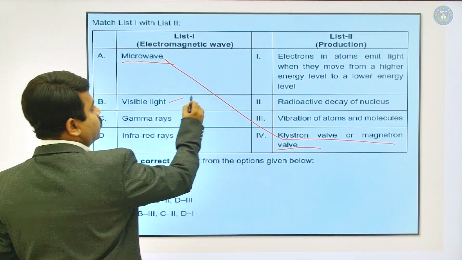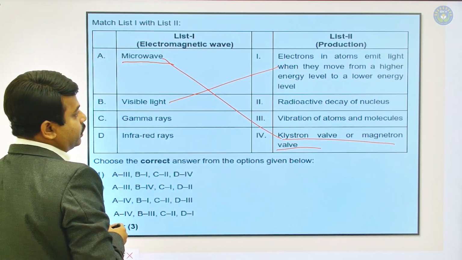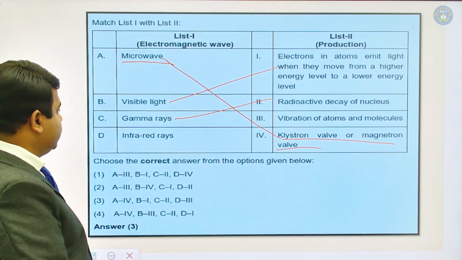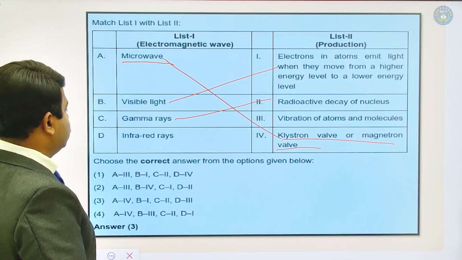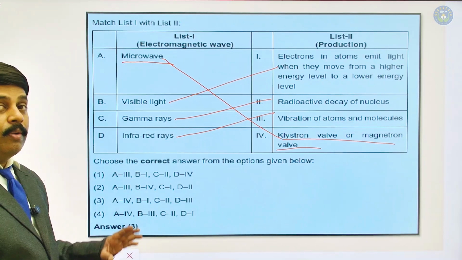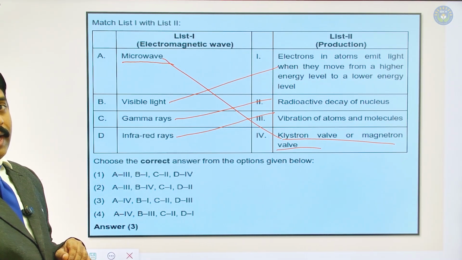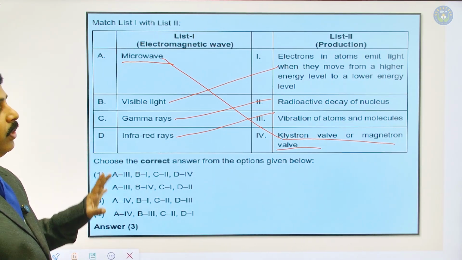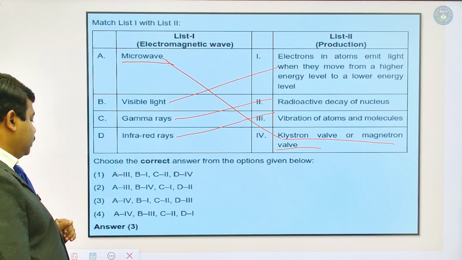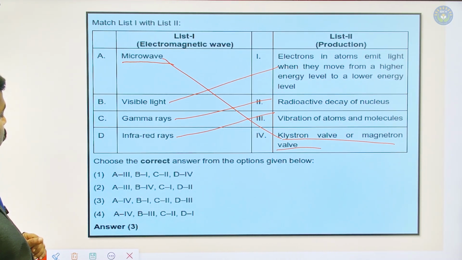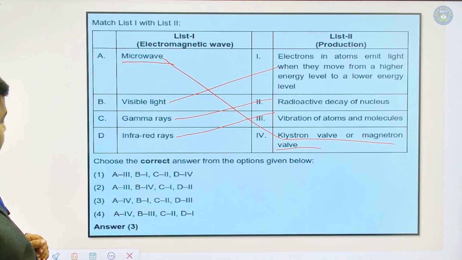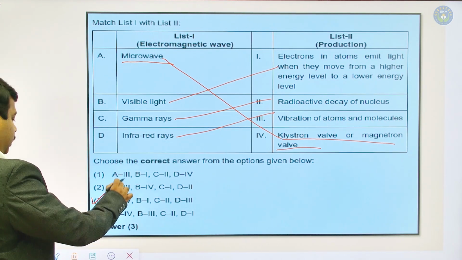That is possible. Now gamma rays. Gamma rays are produced by radioactivity. And infrared rays are produced by vibrational spectroscopy, right? With atomic vibration, infrared rays are released. So all of this satisfies A4, B1, C2, and D3. Option 3 is correct, right?